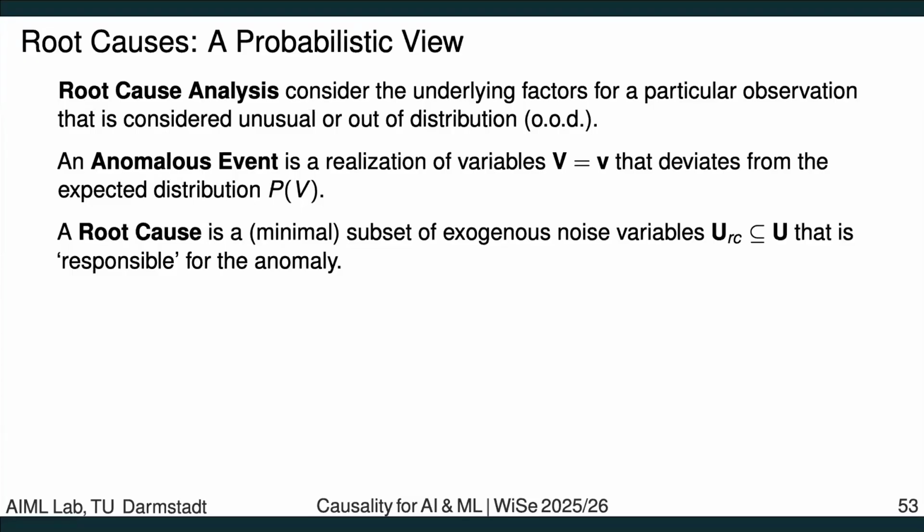And again, as with actual causation, maybe I want to find the minimal set because that's maybe related to cost, to sending people to some site to fix broken machines or whatever. Actually, this is then really the set of variables that I need to intervene on or change to make the system normal again, functioning again.